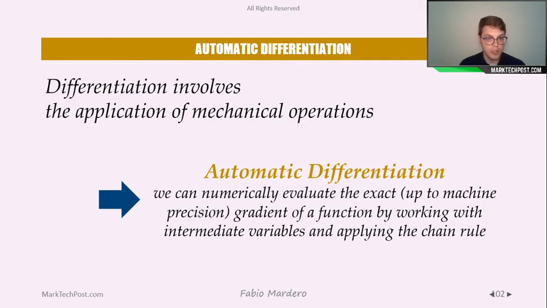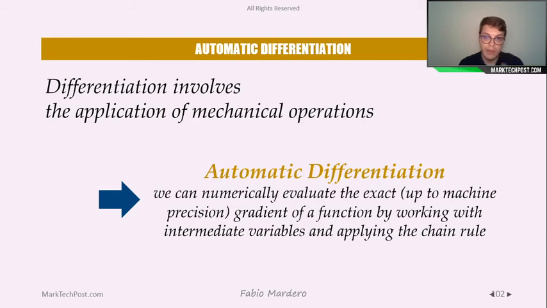So differentiation, as we've seen, involves the application of mechanical operations, and we take advantage of it through automatic differentiations. So we can numerically evaluate the exact, note that we are talking about exact derivative, gradient, and so on, of a function by working with the intermediate variables and applying the chain rule.